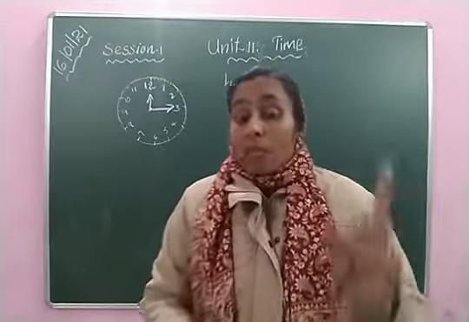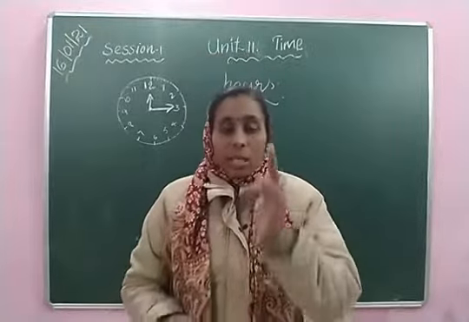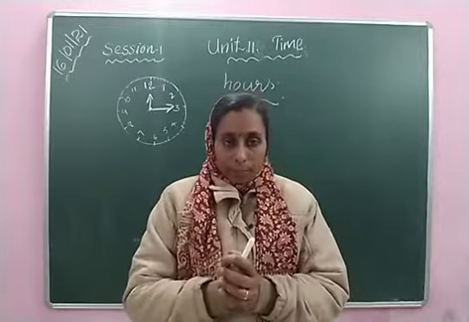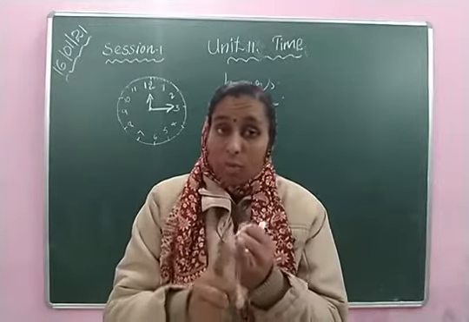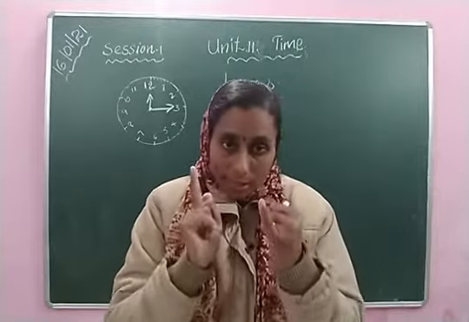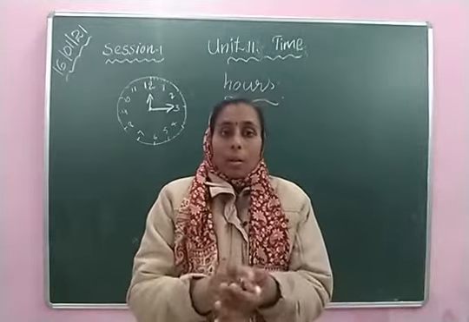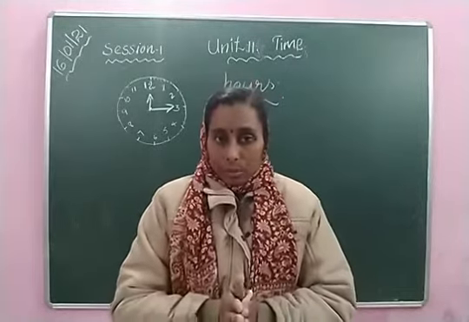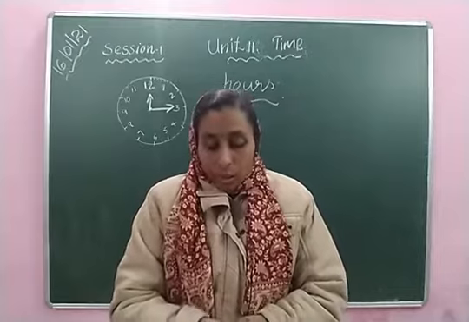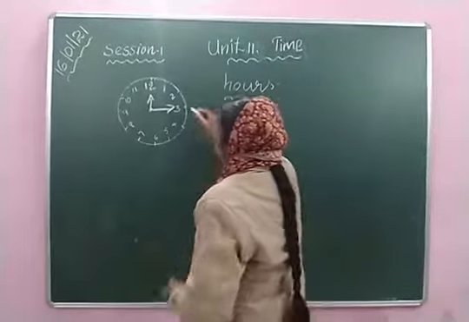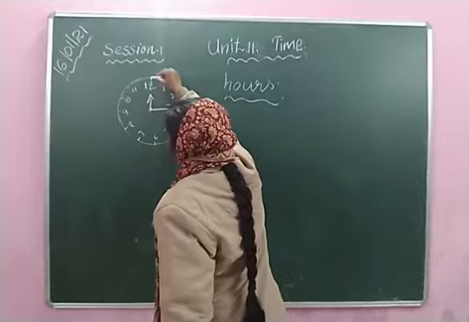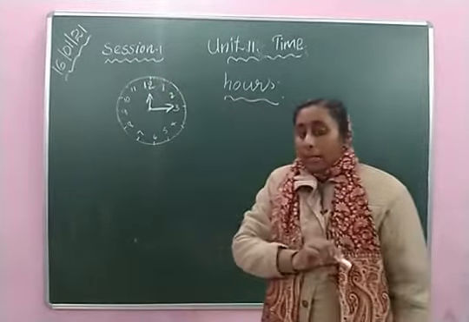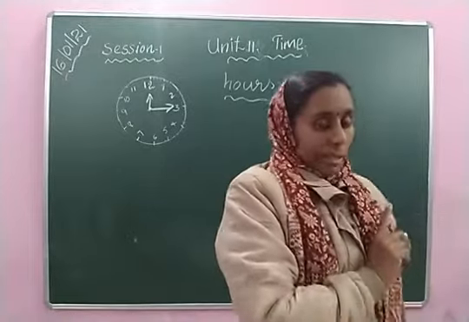The minute hand moves from one number to another number, and it takes 5 minutes. The hour hand moves from one number to another number, and it takes 1 hour. Here, when this minute hand moves all the way around and reaches 12 again, it takes 60 minutes.